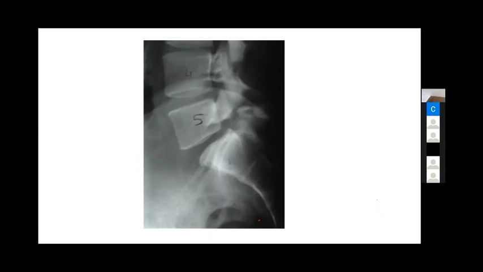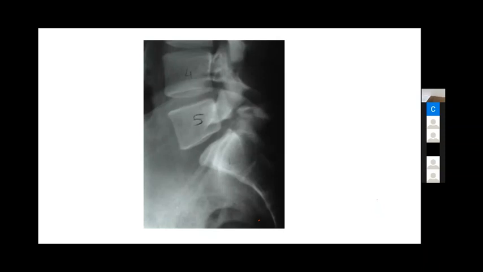Yeah, L5 vertebra. There is listhesis of L5. So what type of spondylolisthesis is this? Isthmic type.